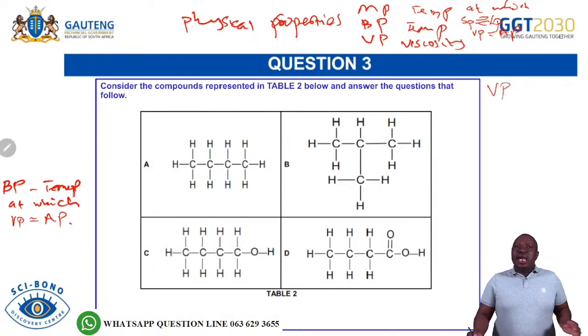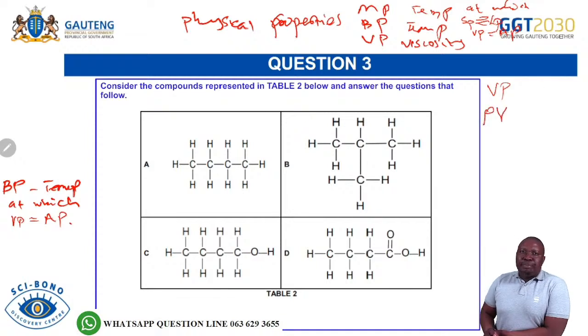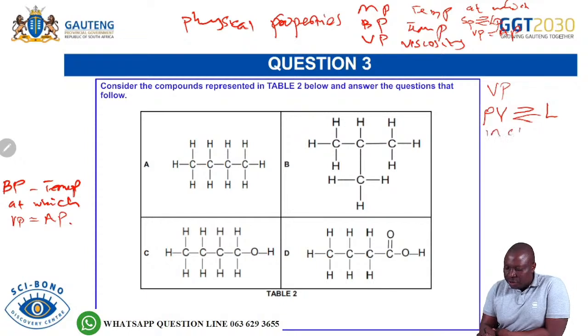So we are saying now for the vapor pressure, don't forget, this is a pressure exerted by vapor. It's a pressure exerted by vapor at equilibrium with its liquid. This one, be careful, you must say in a closed system. So the system must be closed. So please don't forget that the vapor pressure, you just look at the name itself, is a pressure exerted by vapor at equilibrium with its liquid.